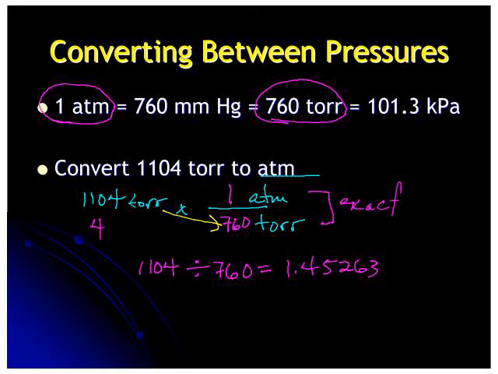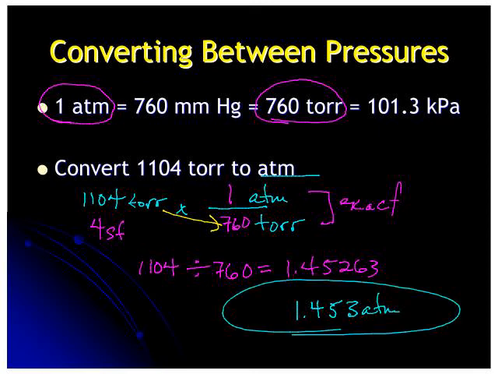It's the 1,104 torrs, which is 4 significant figures. So when I round to 4 significant figures, my answer is 1.453 ATM.